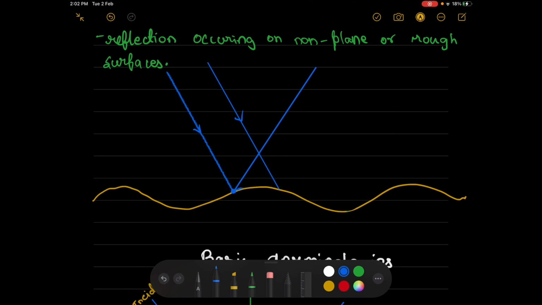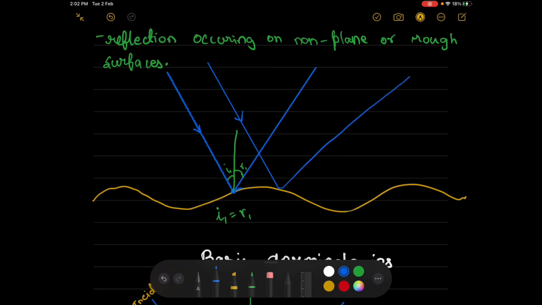That is obvious. If I draw a normal here, I'll draw a longer normal. So the angle of incidence would be equal to the angle of reflection. I1 is equal to R1, and the same goes here as well.